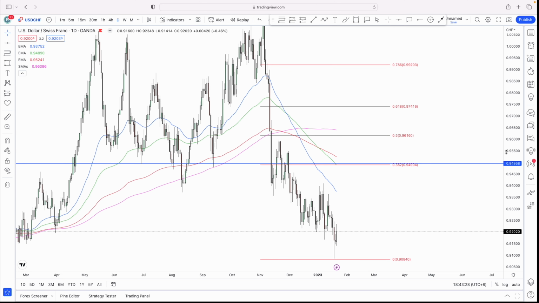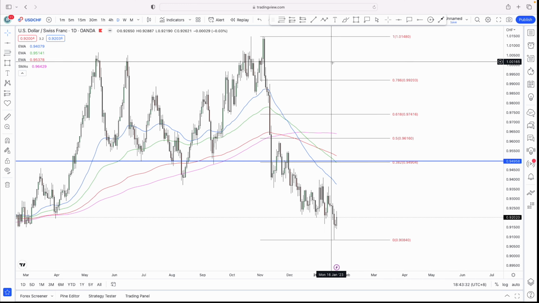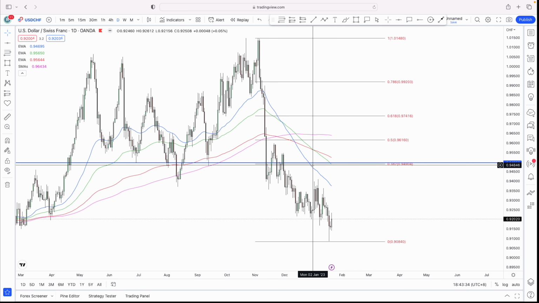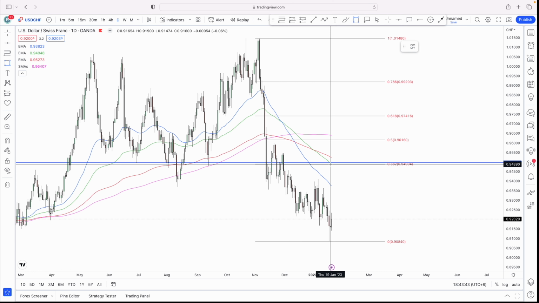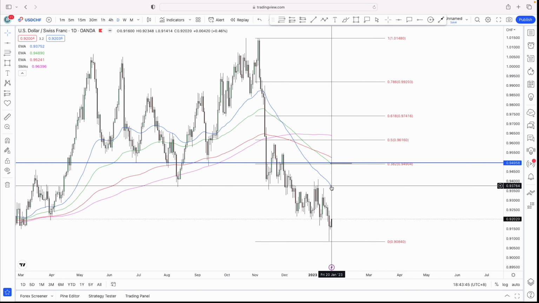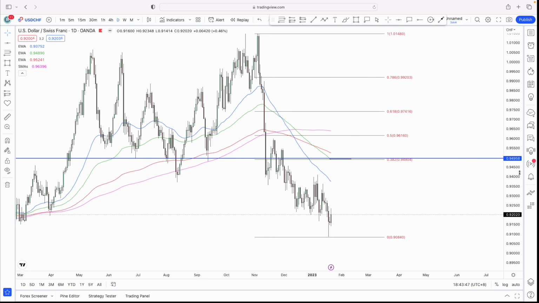As you can see, leaving everything on the chart, we have a key level and a Fibonacci that line up closely, and we have an EMA in that zone. From here we can derive a zone of interest on this daily chart for USD CHF.